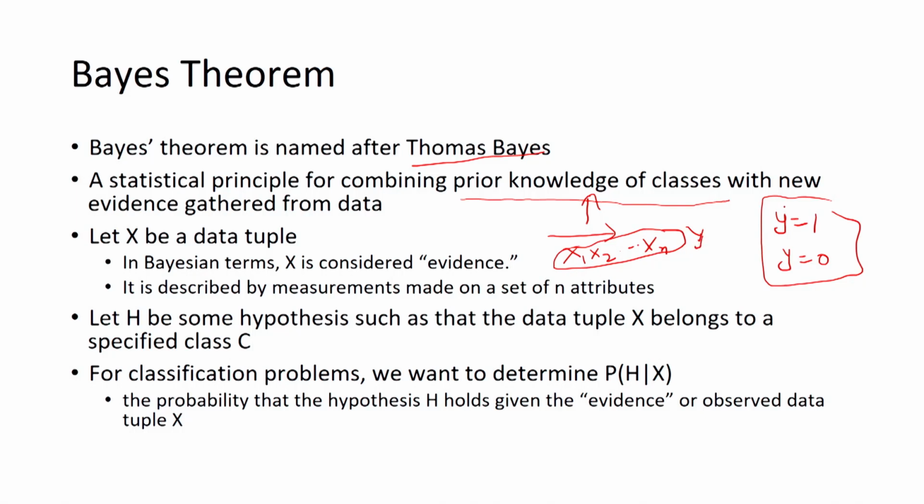We are updating this prior probability by seeing some new data, and then we say that we are getting the posterior probability.